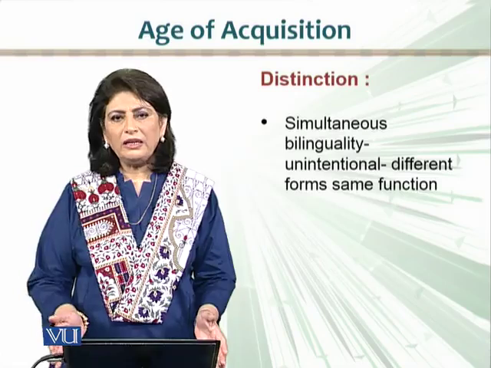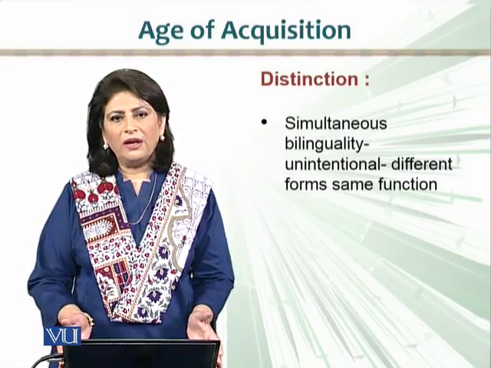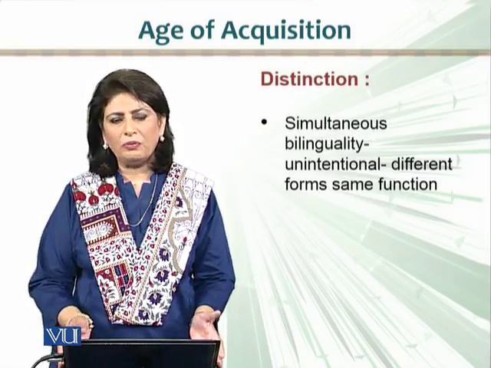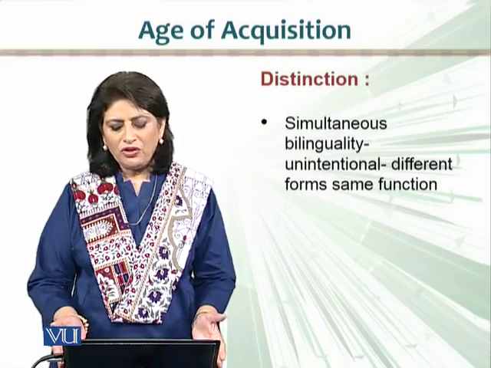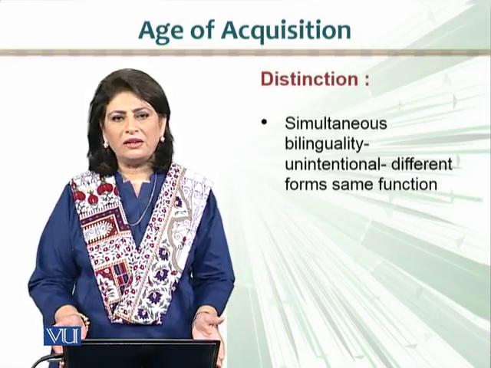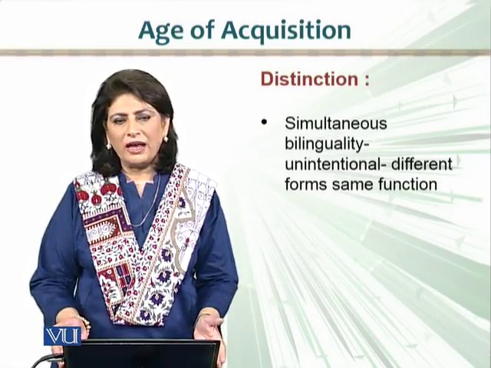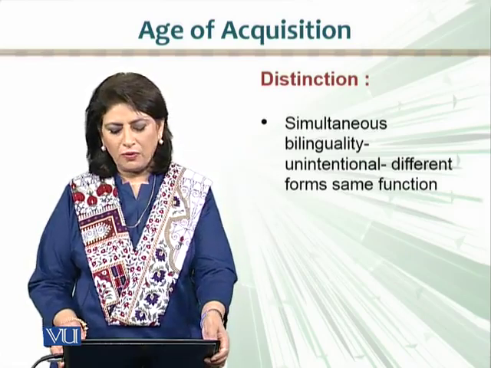Now, simultaneous bilinguality, in which a child actually learns both languages, or more than two languages, as a first language, is usually unintentional. You don't formally teach the child this language, and these are picked up from the context of home.